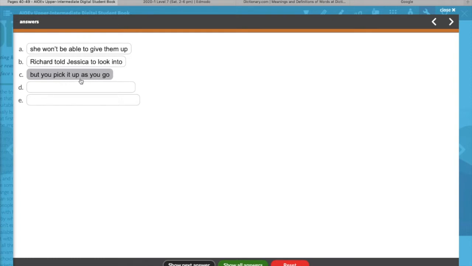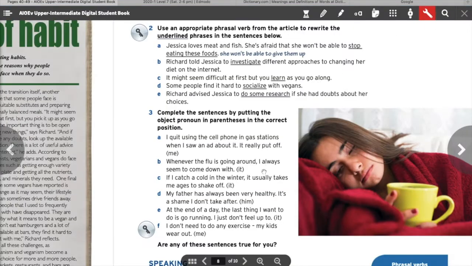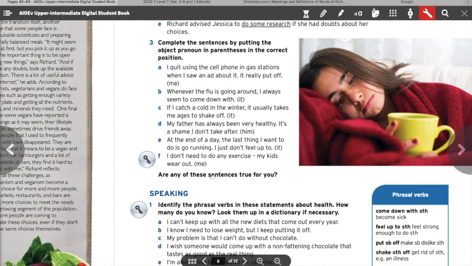But you pick it up as you go. Find it hard to hang out with vegans. Richard advised Jessica to look it up. Are any of these okay, sorry, it's this one.